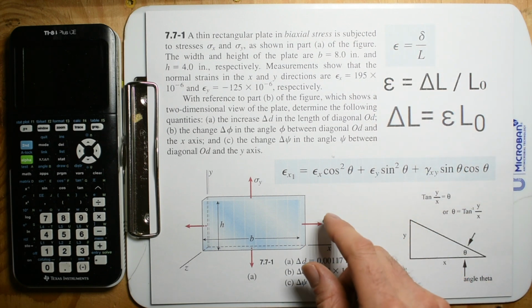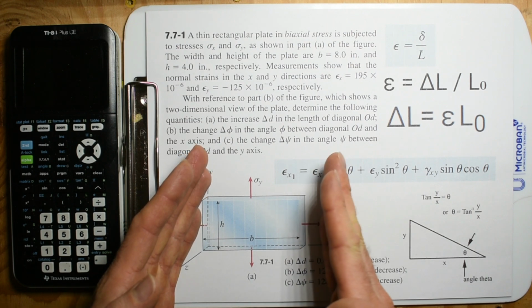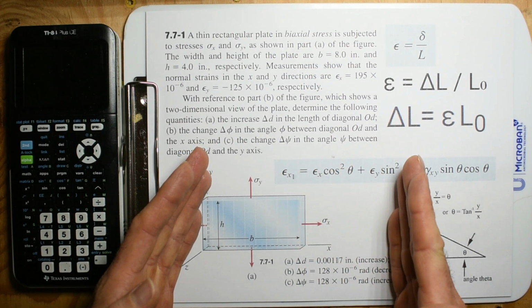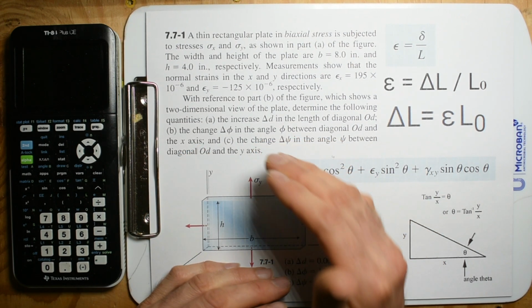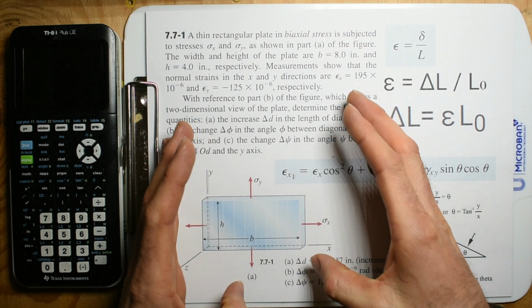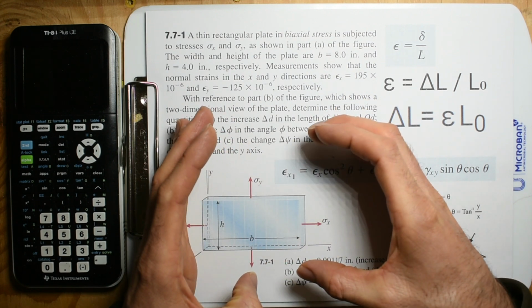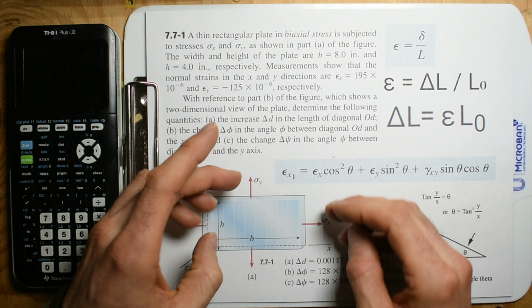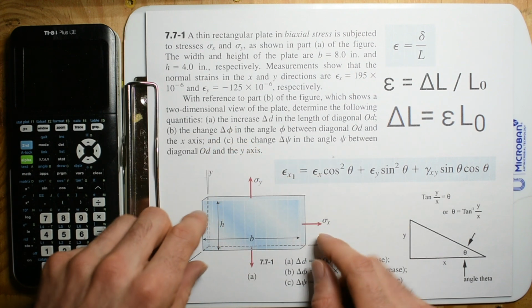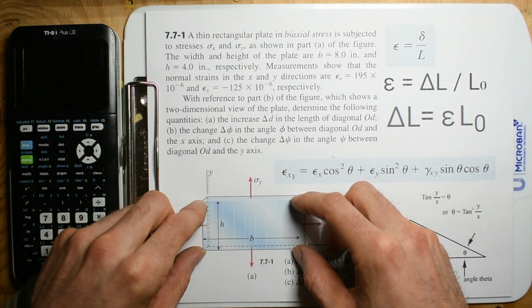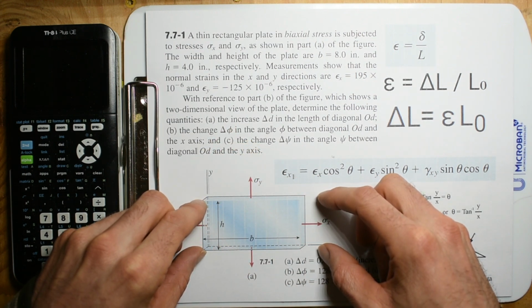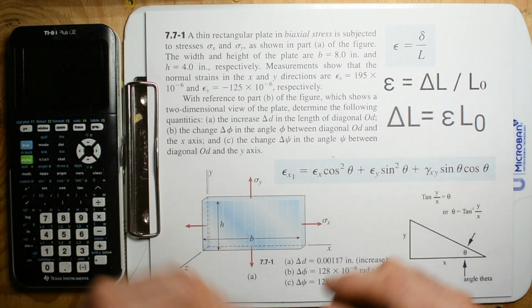For these problems, we're going to know the strain in the x direction and the strain in the y direction, and those things are going to happen simultaneously as these loads are being applied. I mean, you could apply one load at a time, a load this way, and then a load that way.